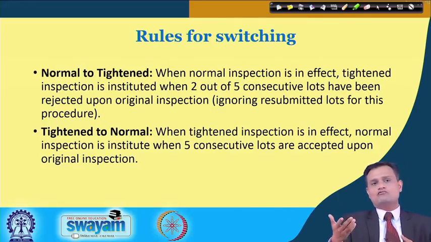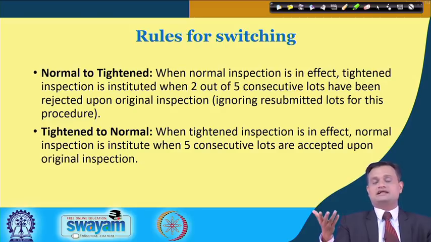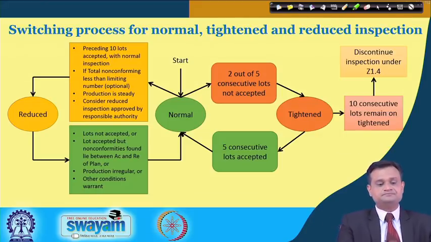So you can move from normal to tightened and tightened to normal, and obviously when you go to a doctor with a problem, he will prescribe some medication, and once again when you go and the problem has gone down, he will also reduce the medication. Exactly the same way we try to leverage the advantage by switching, on the cost I have to bear on the inspection.